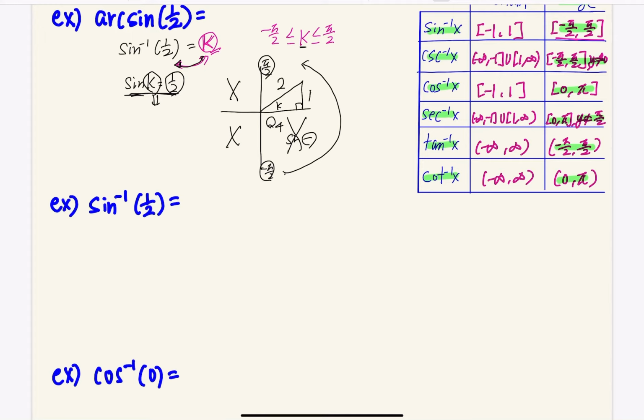So the length of missing leg is square root of 3, satisfying Pythagorean theorem. And these numbers are ratio of 30, 60, 90 special right triangle. So angle K should be 30 degree, which is pi over 6.